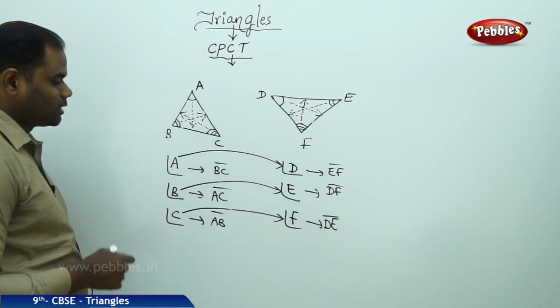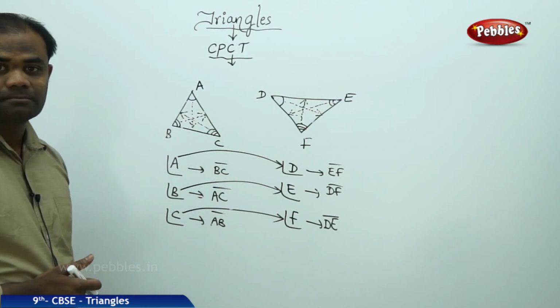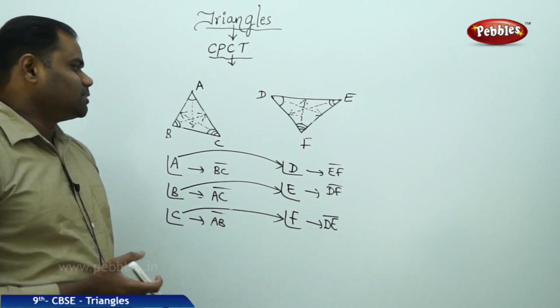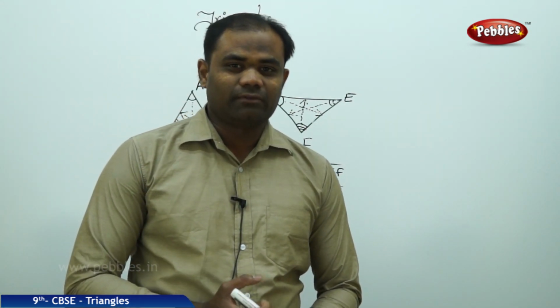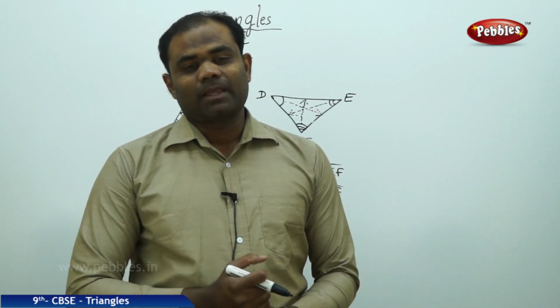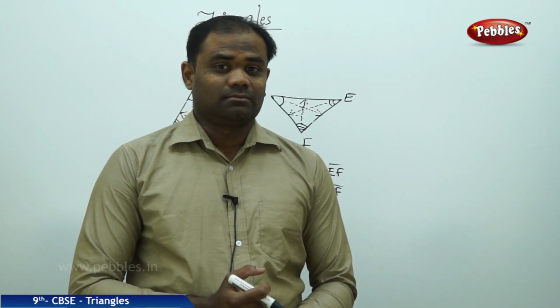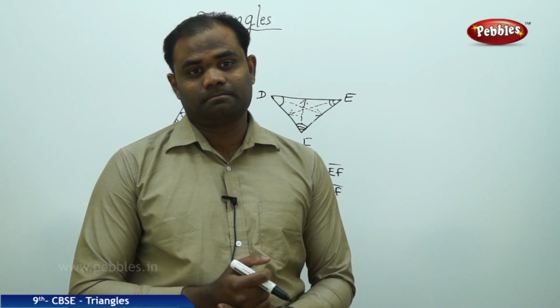This is how I understand the corresponding sides. So, if the triangles are in different positions, we can easily identify the corresponding sides and the corresponding angles, or the corresponding parts.